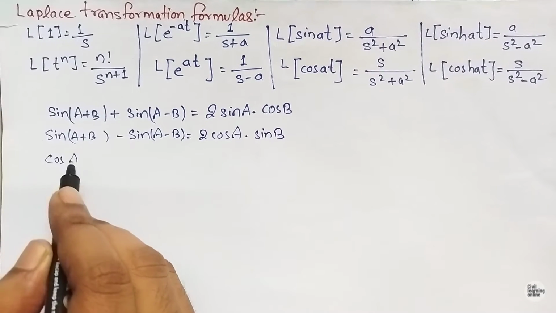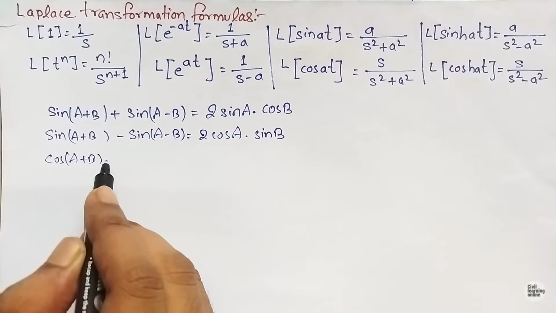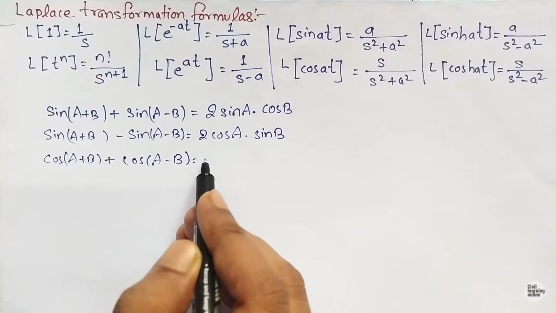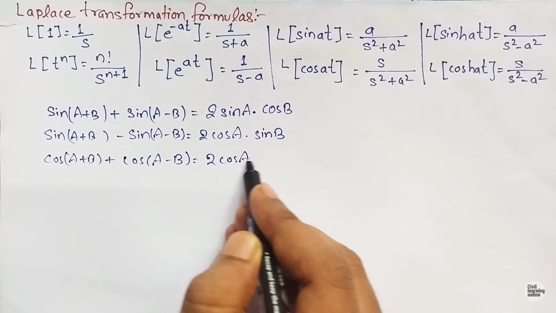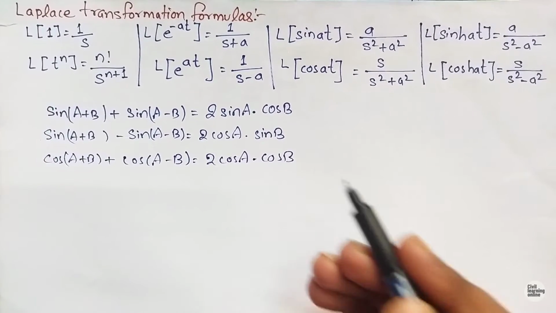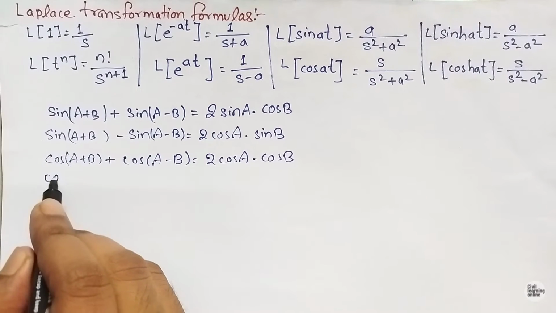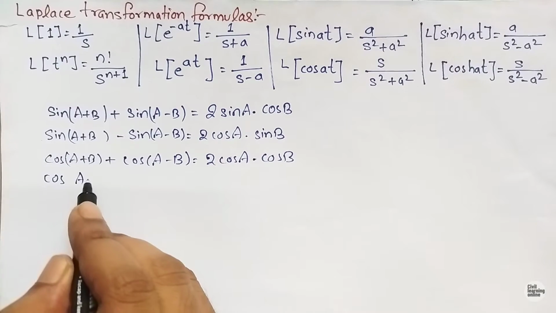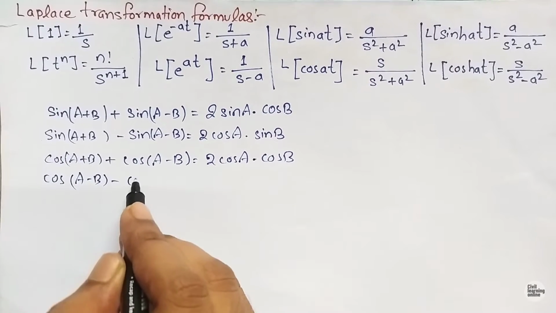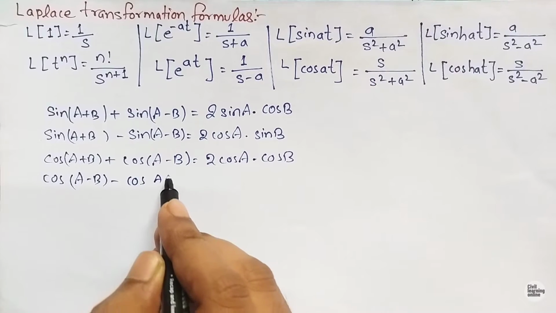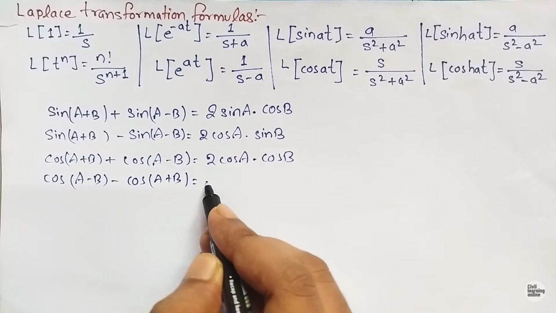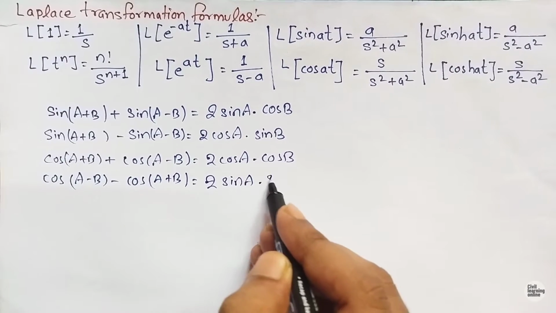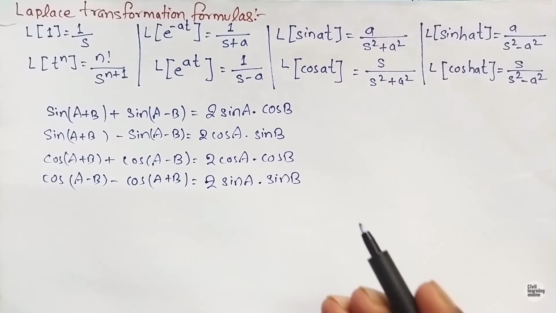Similarly, cos a plus b plus cos a minus b equals 2 cos a times cos b. Similarly, cos a minus b minus cos a plus b equals 2 sine a times sine b.